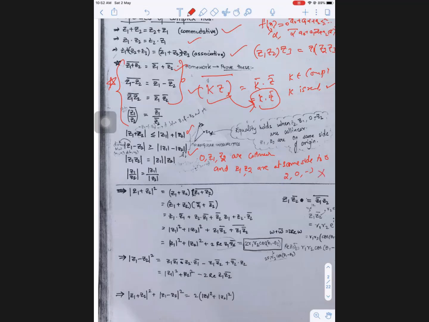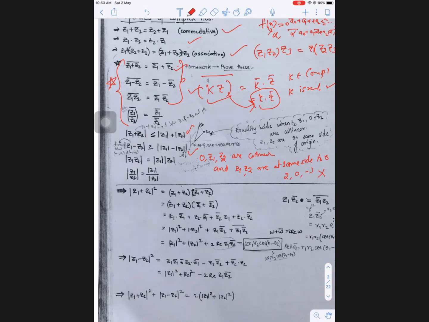So in this case equality does not hold. The reason is 0 is in the middle of the two numbers. So equality holds when 0 is outside of the two numbers, meaning Z1, Z2 are on the same side of the origin and they are collinear. In that case only equality holds.